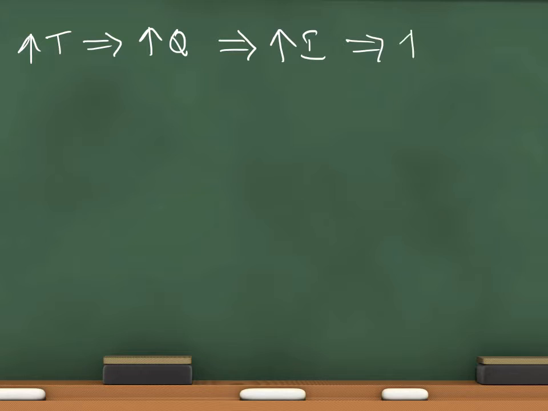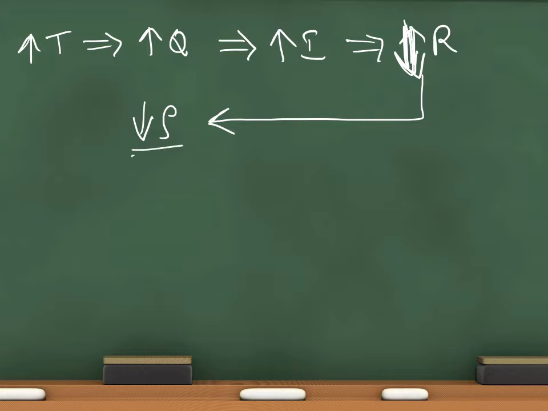So due to the increase in temperature, there will be an increase in charge, and due to this an increase in I, and due to this a decrease in resistance, and a decrease in the resistivity of the material.